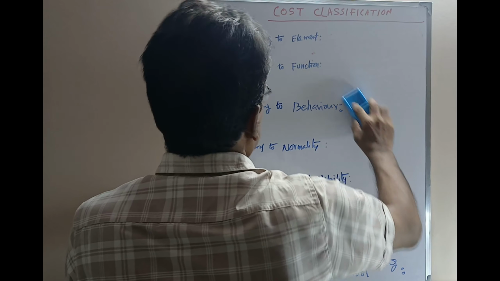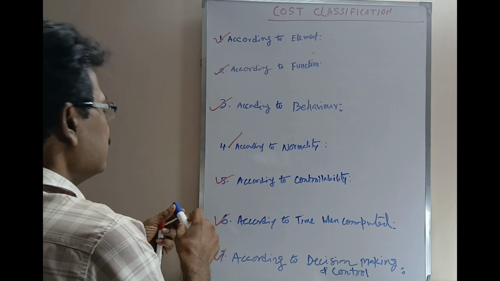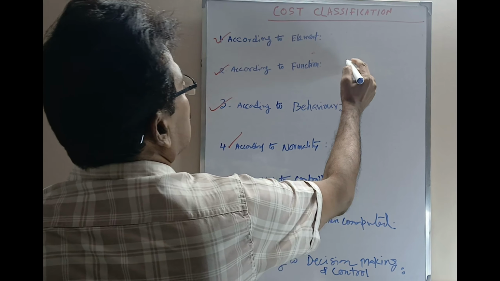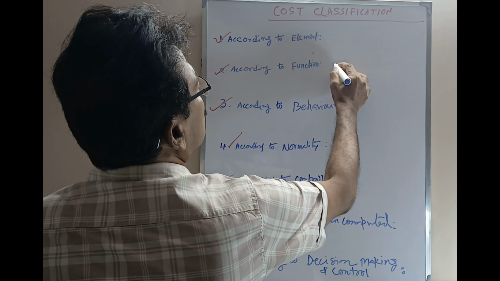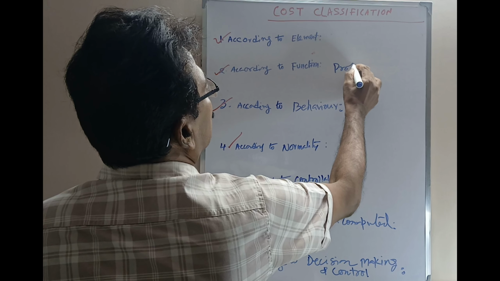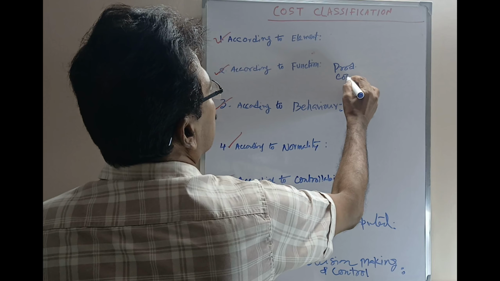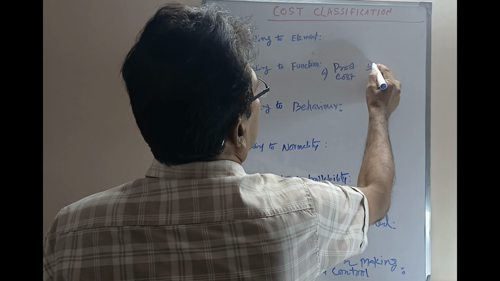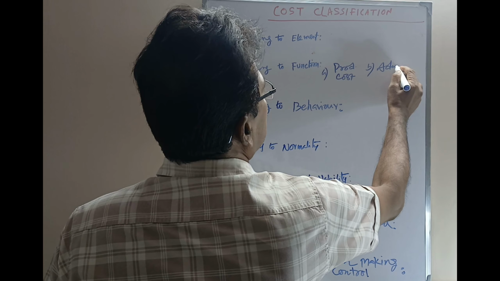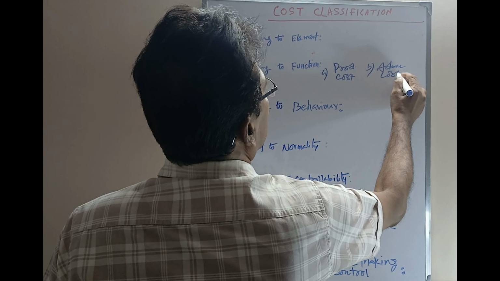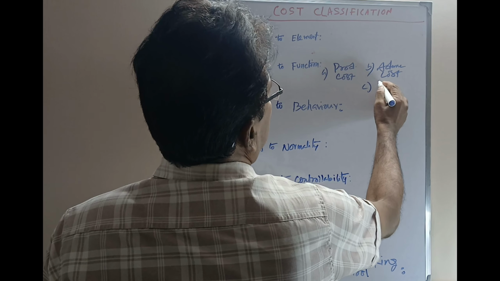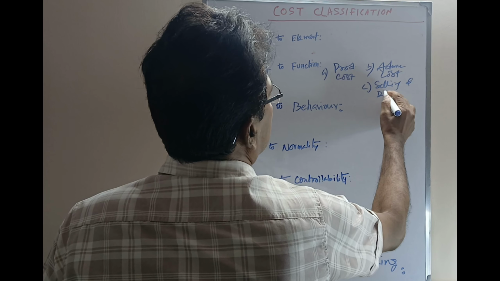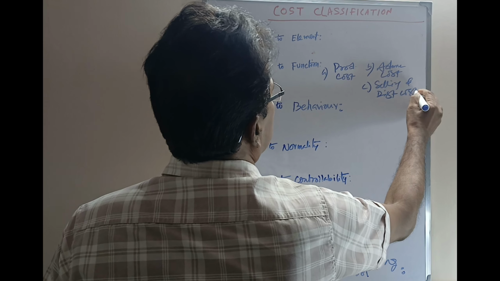Then according to function, costs are divided into production cost, administration cost, and selling and distribution cost.